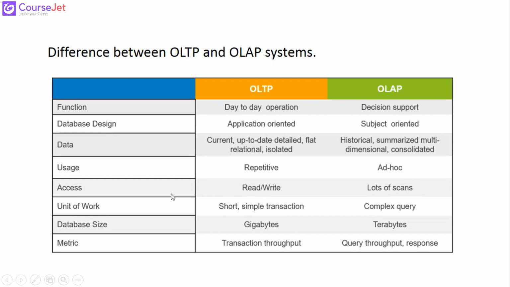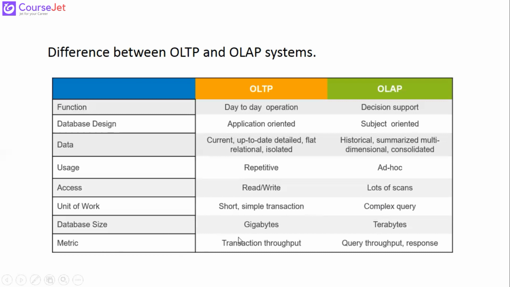Coming to access, OLTP is normal read and write, but in OLAP we do a lot of scans and joins with multiple tables to get the required result. OLTP queries are short and simple within a transaction, but OLAP queries are complex and can run for hours, even days, depending on the complexity of the query.